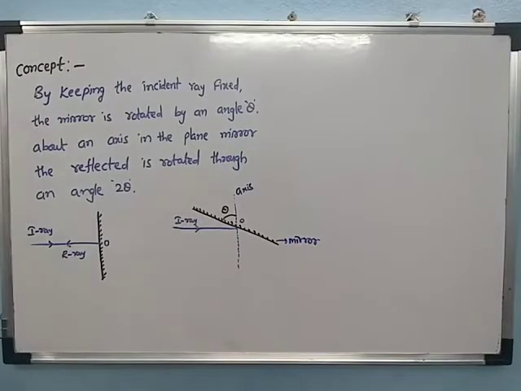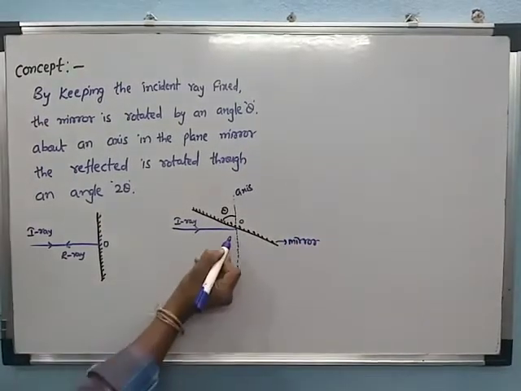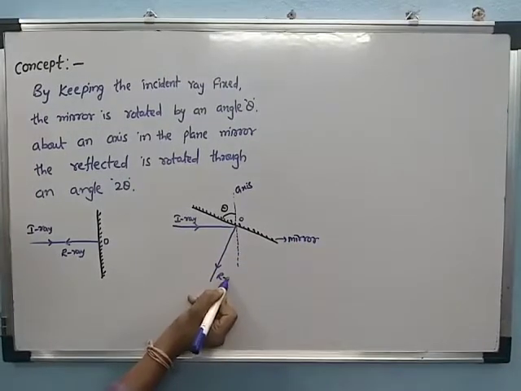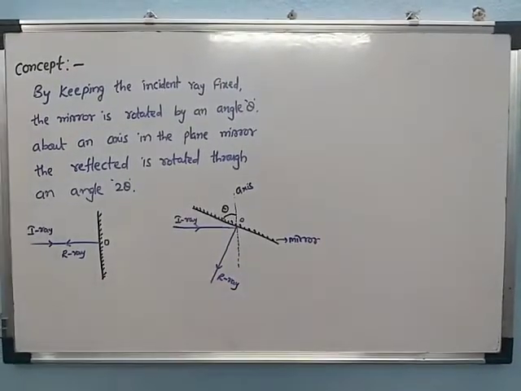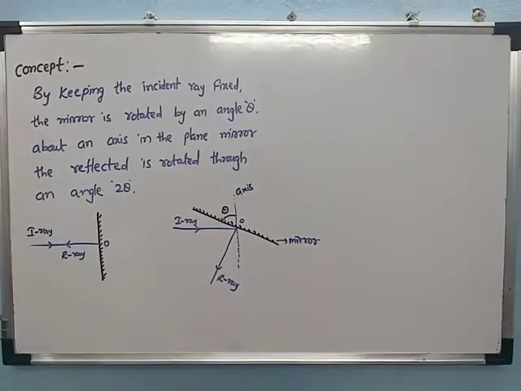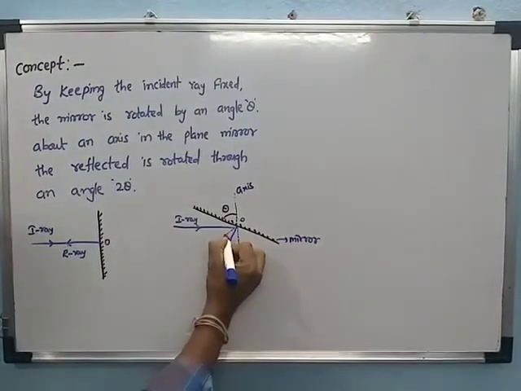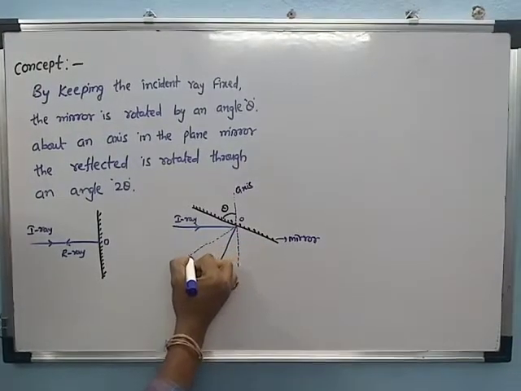Then the reflected ray passes in this direction. This is the reflected ray. Between the incident ray and the reflected ray is the normal.